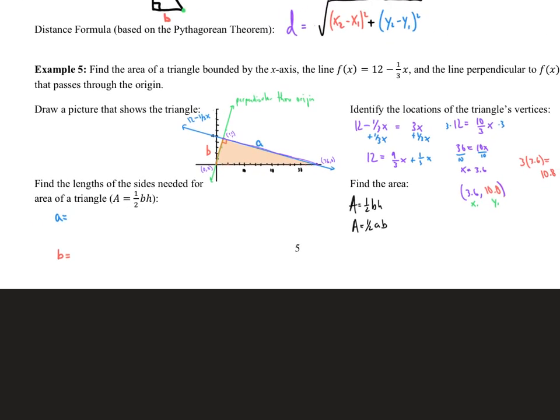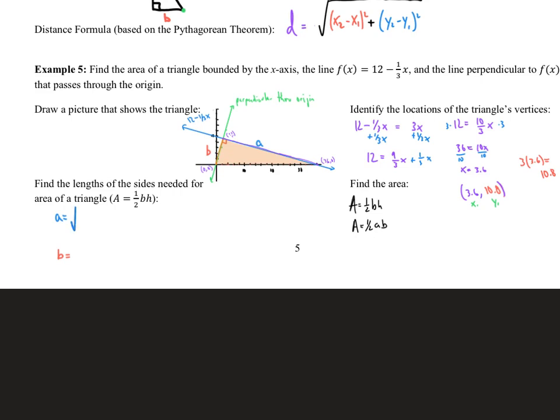Okay. There's my x1 and my y1, and then I'm using these as my x2 and y2 for the different one. So now that I know the location of this point here and this point here, I'm going to use those 2 points to find the distance for that side here.